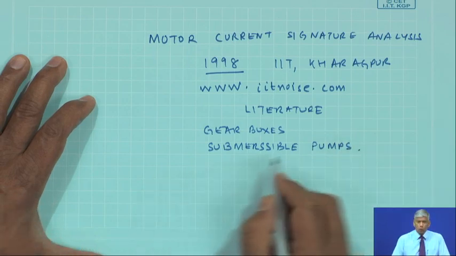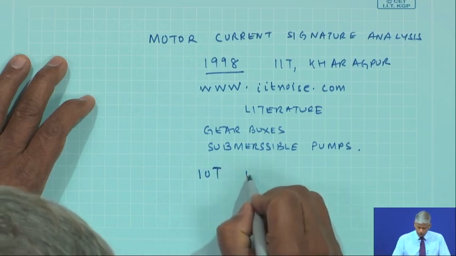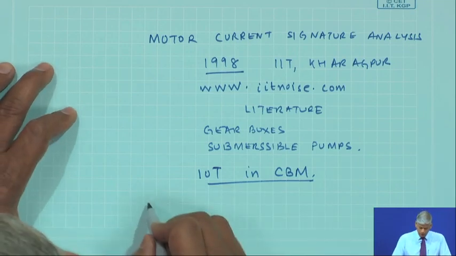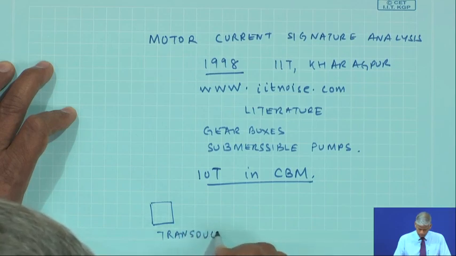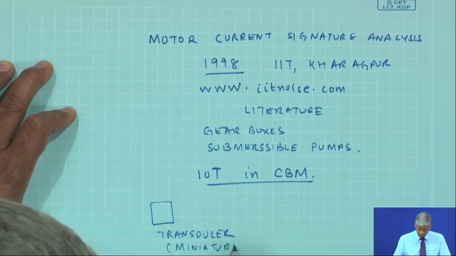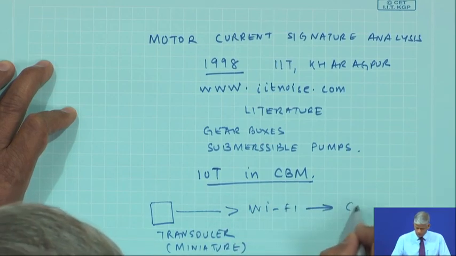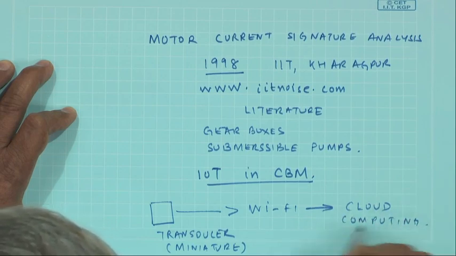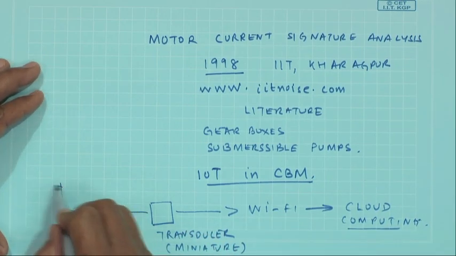So, today when people are talking about IoT of devices, IoT in CBM, the technology is such that we can have a very miniature transducer, Wi-Fi, cloud computing, wherein the transducer is remote from the machine.